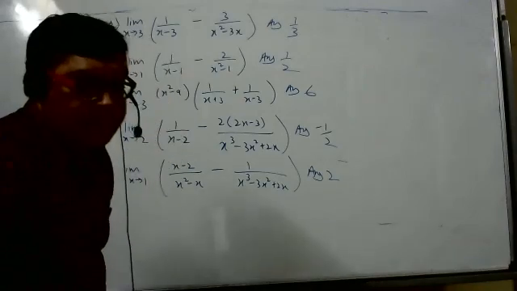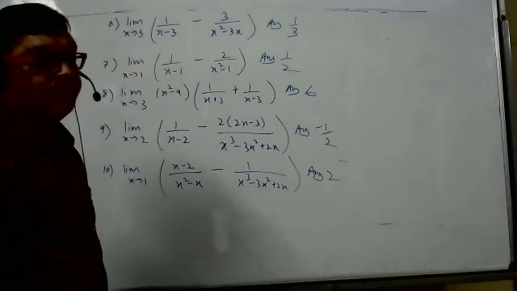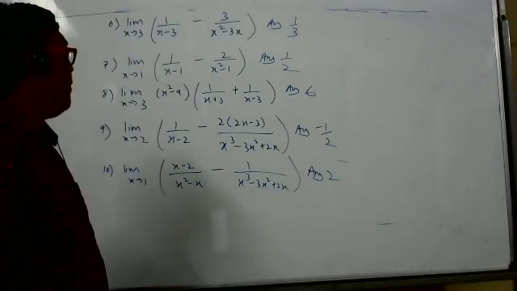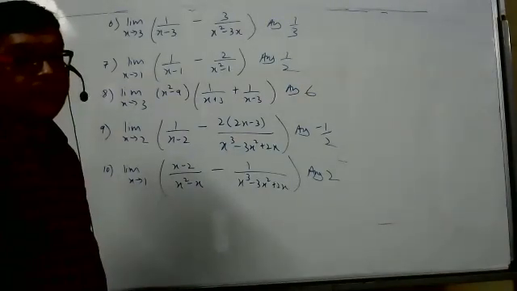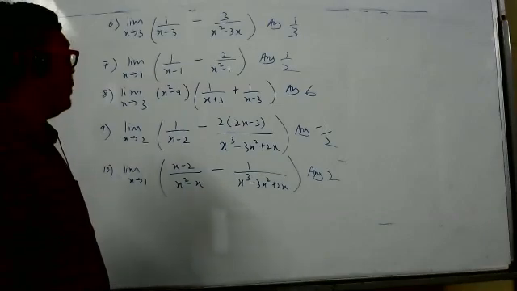Whatever sum Neha says, that only I will do. Neha, which sum should I do? All sums are the same. Bhargav? Okay, Bhargav only. Bhushan, which sum should I do?